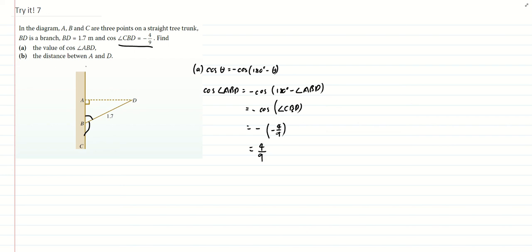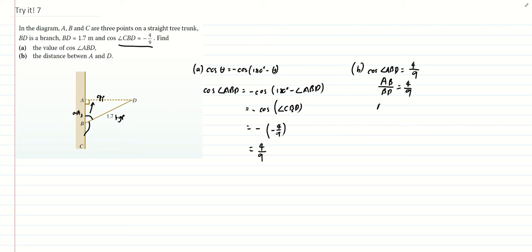Okay, and then find the distance between A and D. So we know for a fact that this is opposite, this is hypotenuse, and this is adjacent. But since we are only given the cosine value, we'll just put there cosine angle ABD is equal to 4 over 9, and this is simply AB over BD equals 4 over 9.